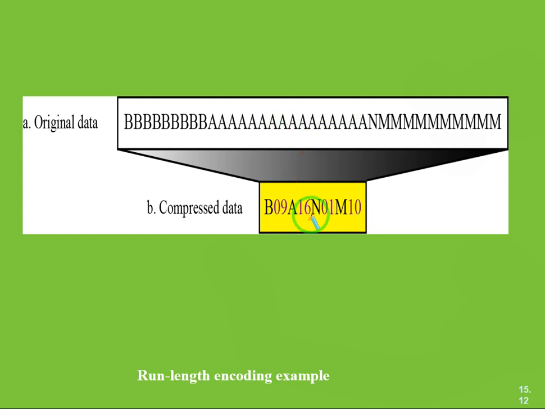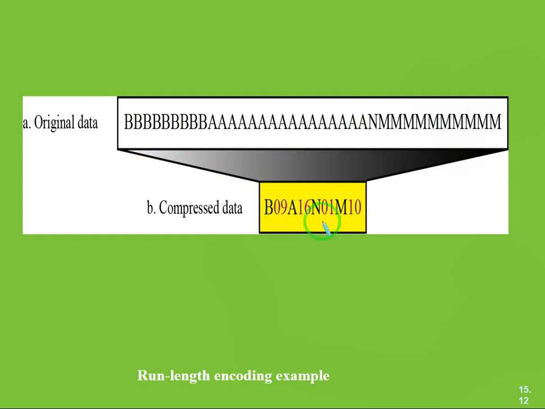So A16. Then we have N, which is 1, then M is 10. If you can see, the original data is in large bandwidth. Once we compress it, it is about one quarter of our original data. So this is your compressed data.